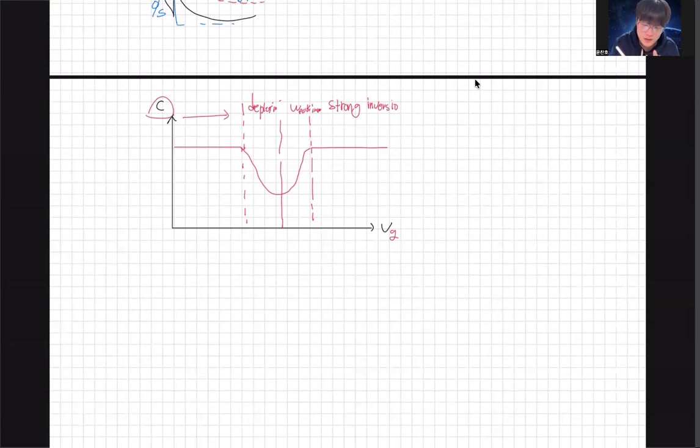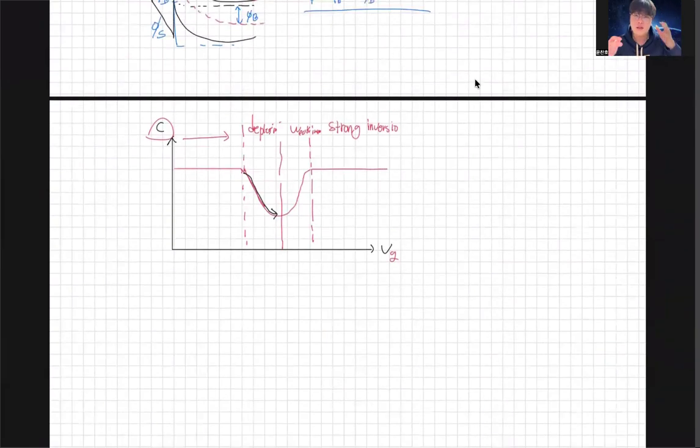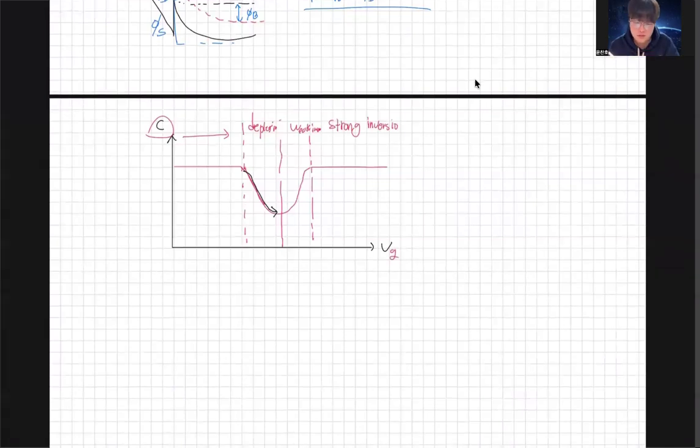so the capacitance will be lower. And if we put too much bias on the gate, there will be a weak inversion situation, and the capacitance will come back up like this.